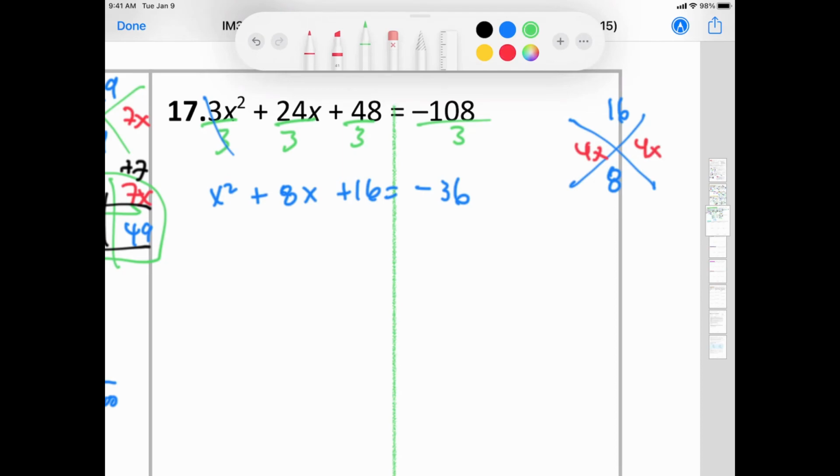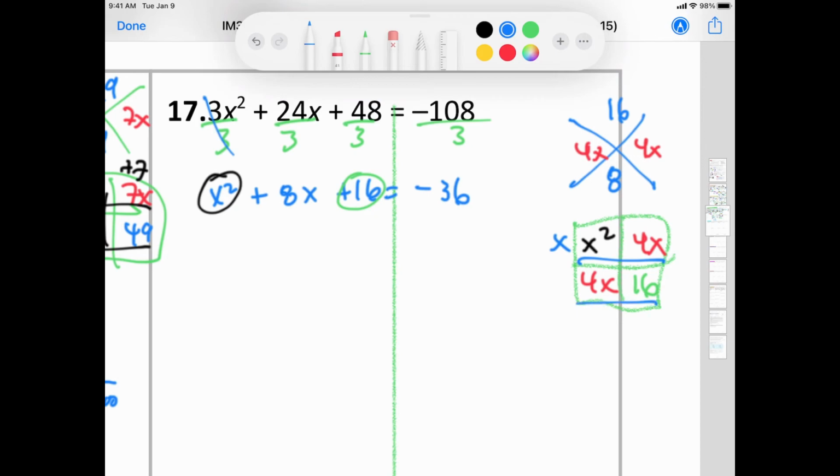To figure out the shortcut here, still not going to tell you. x squared always goes in the top left. That's this value. 16 goes down here. Take the greatest common factor as x. 4, x, 4.